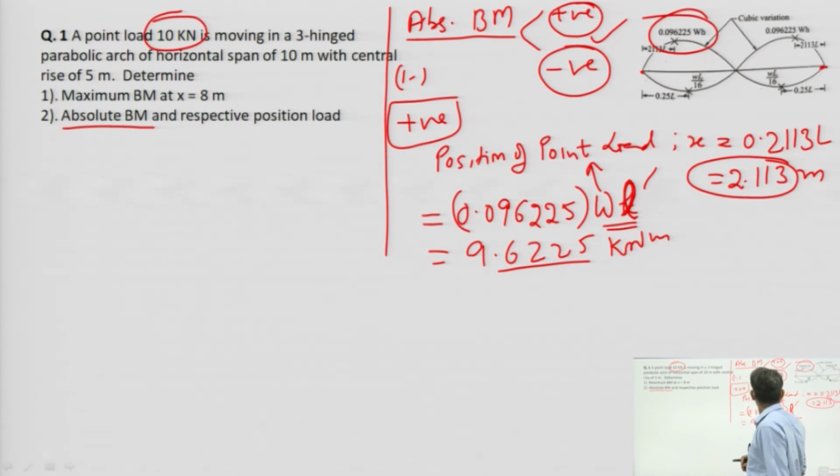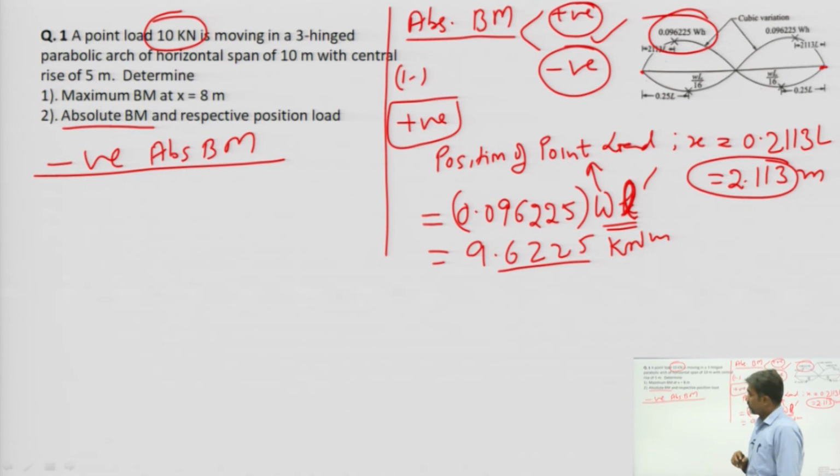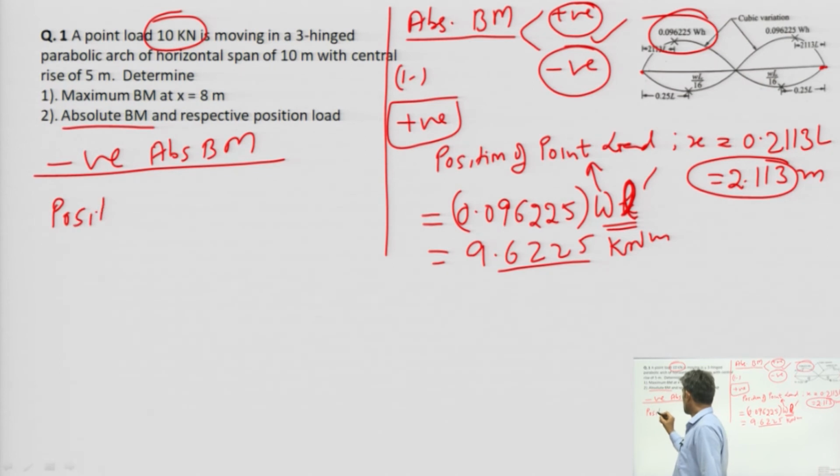Similarly, for the maximum negative value, the negative absolute bending moment, first of all find the position of the point load.